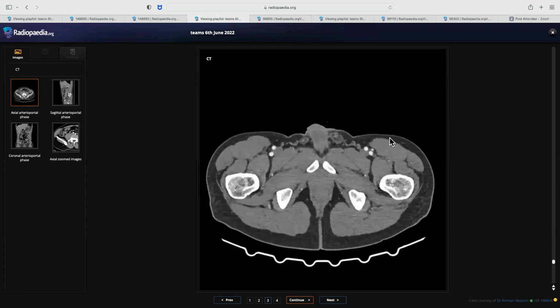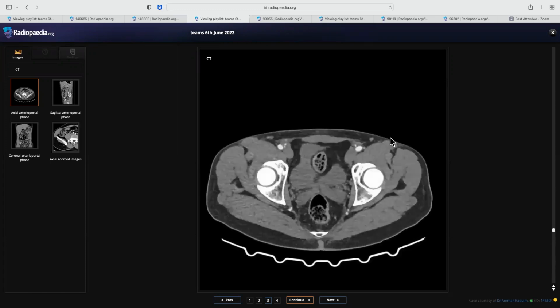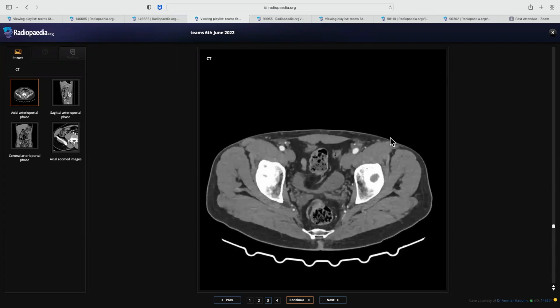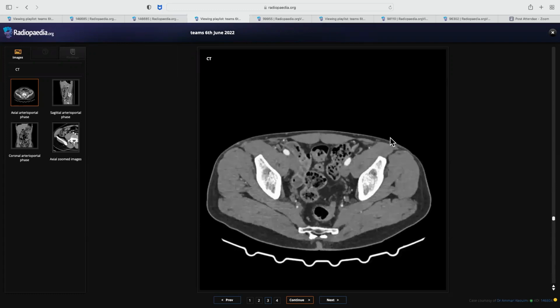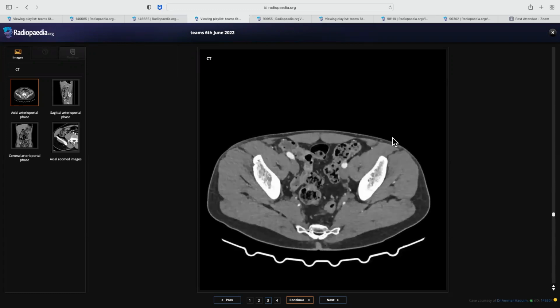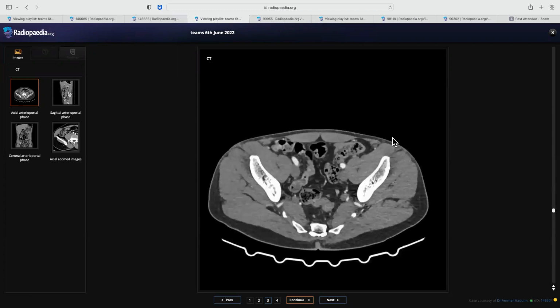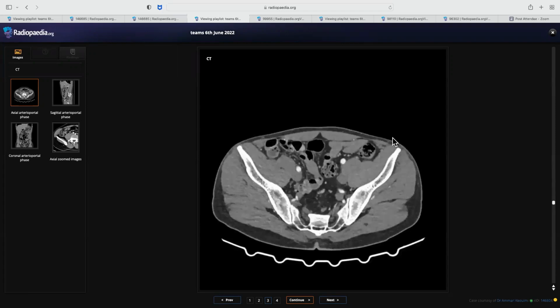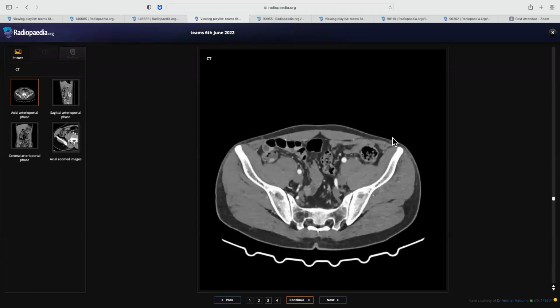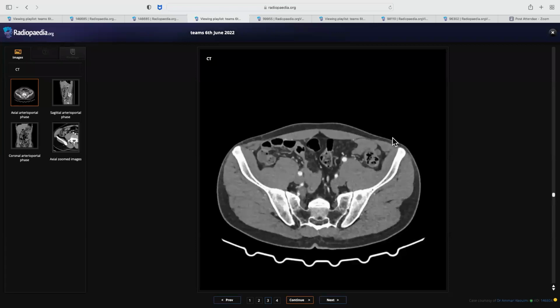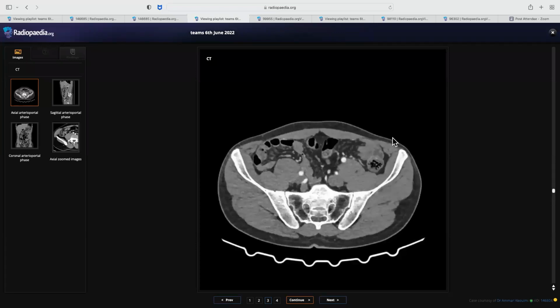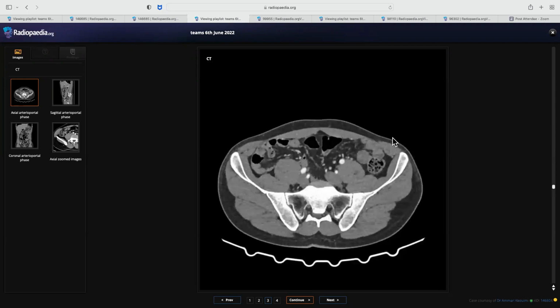So I've been provided with axial sections of a contrast enhanced CT scan of the abdomen. I'm looking at the bowel. No obvious dilated or thickened bowel loops are noted.